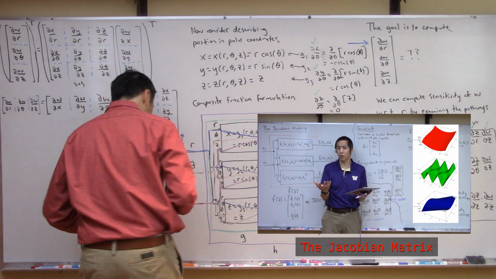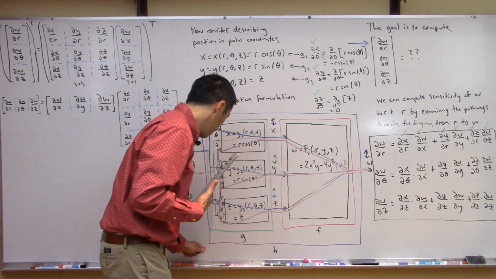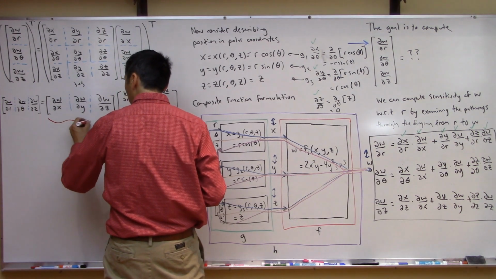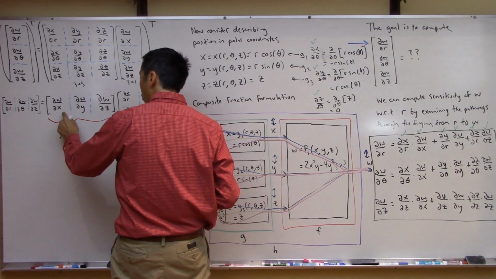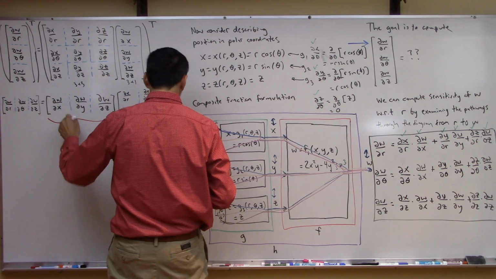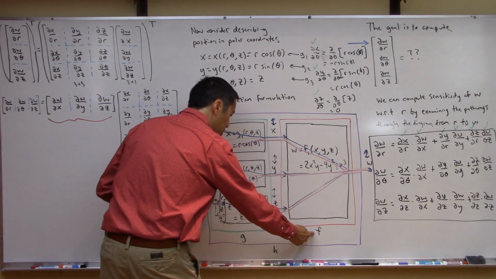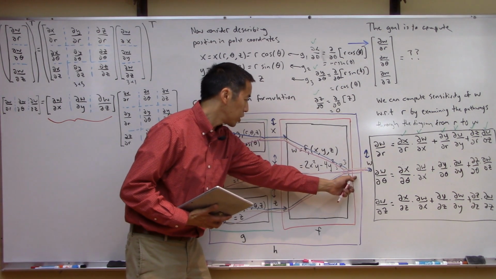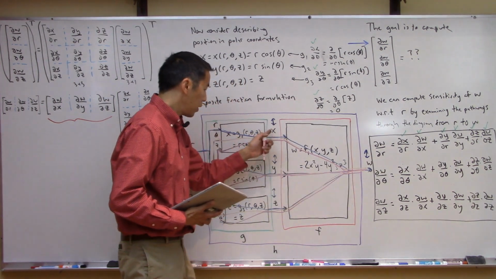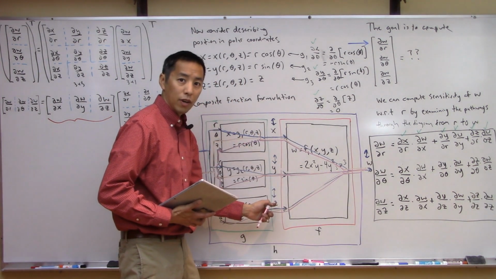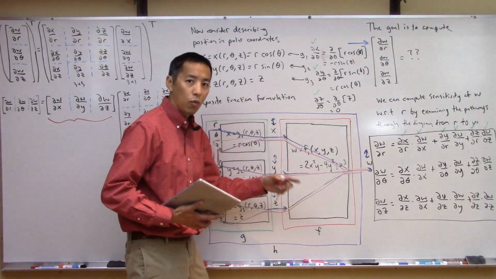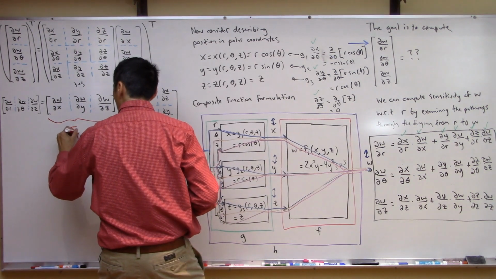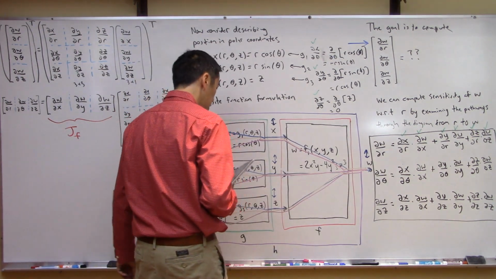So in other words, this matrix here, if you think about it, is the sensitivity of the f function. It is how these outputs of the f function are related to inputs of the f function. What are the slopes? This is the Jacobian matrix of the function f, right?